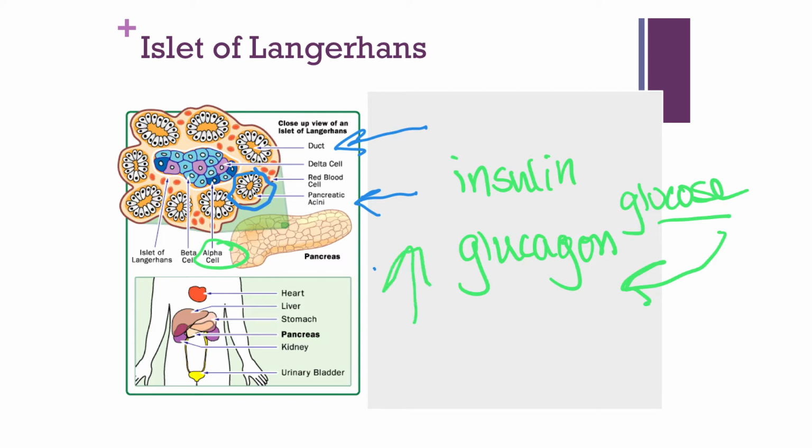And glucagon raises blood glucose. When blood glucose gets too high, we then have the signaling to beta cells to release insulin. And insulin decreases blood glucose levels. So these two opposing hormones work to maintain glycemia, so the regulation of blood glucose, by being released in response to specific levels of glucose in the bloodstream.